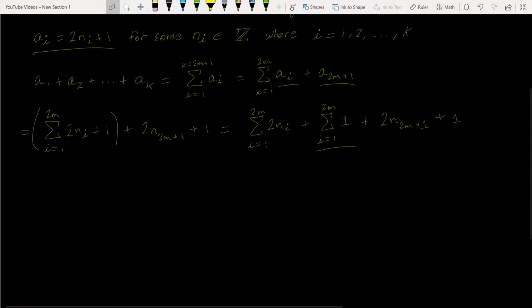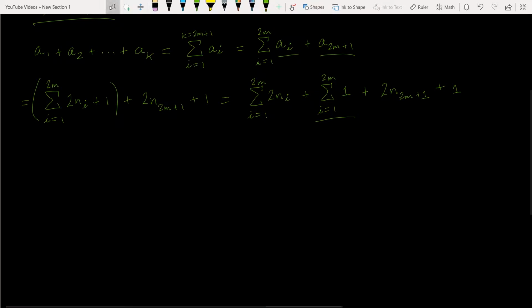One of the rules that we learn about summations is that when we have just a 1 in front of it, this just sums up to whatever we're summing up to. And also here, since we have a 2, we can factor out a constant. That's another rule of summations.